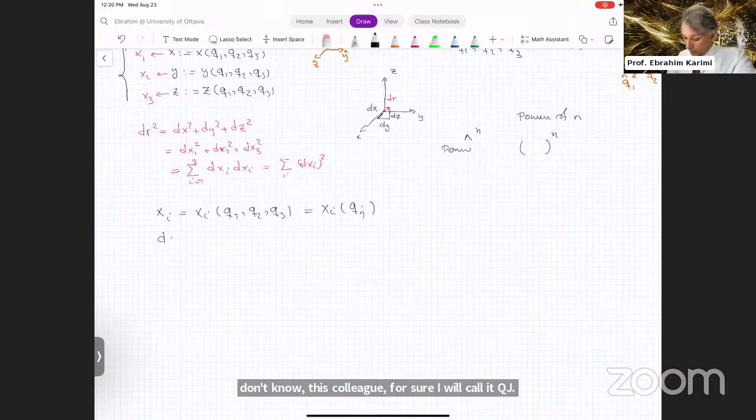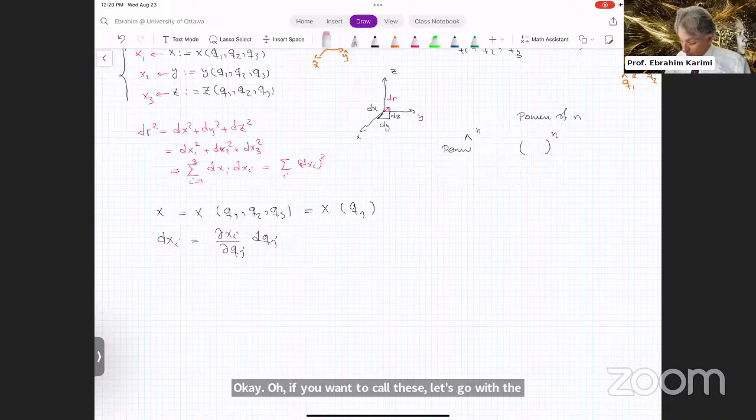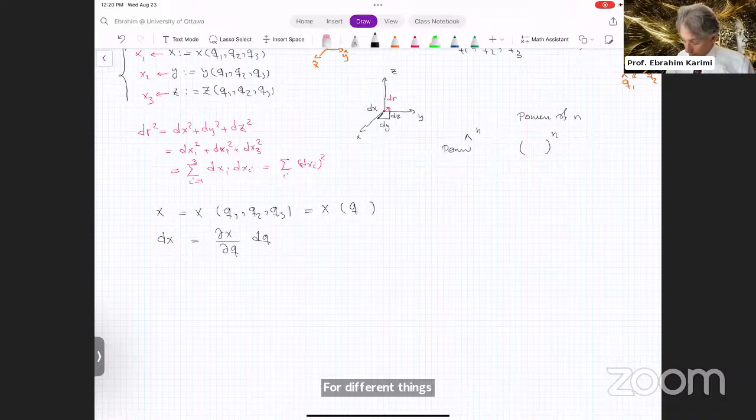Now I will ask what is going on with the changes in dx. Definitely that will be the derivative of xi with respect to qj, dqj. Or, to be consistent with what I had the previous time, let's go with a different notation because I will be needing it for different things: qi.